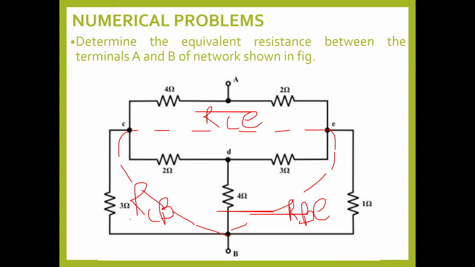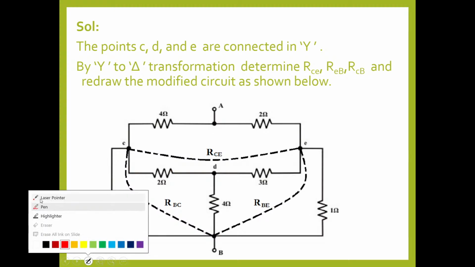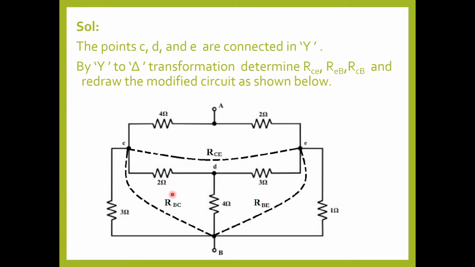Now if I know the conversion formula for star to delta, I can go for conversion. I have done it in the other slide. This is RCE, RBC and RBE.